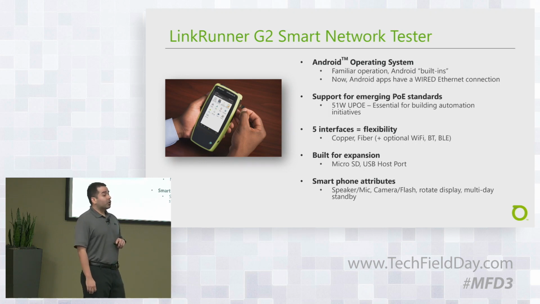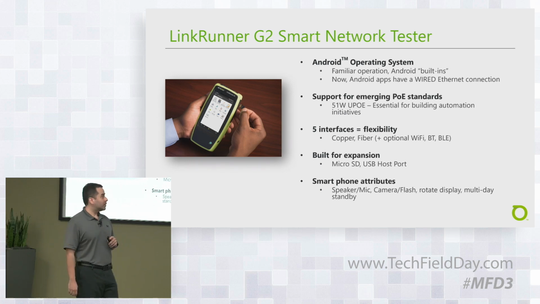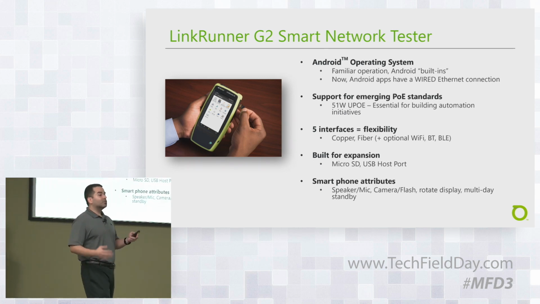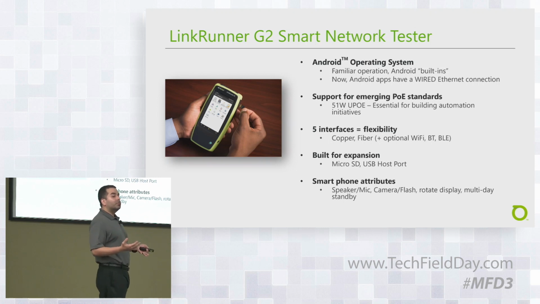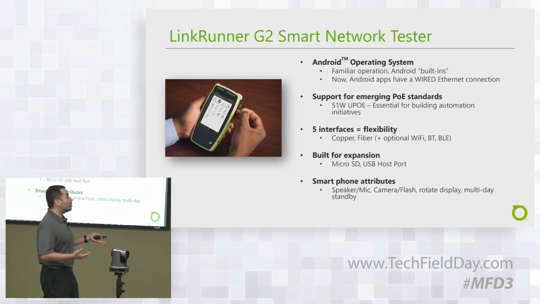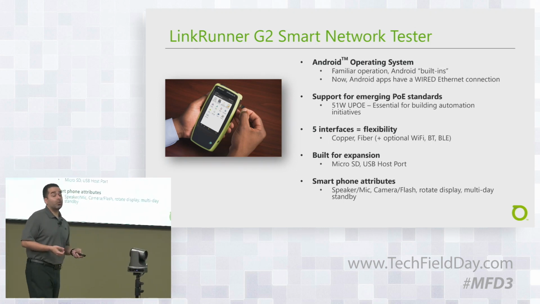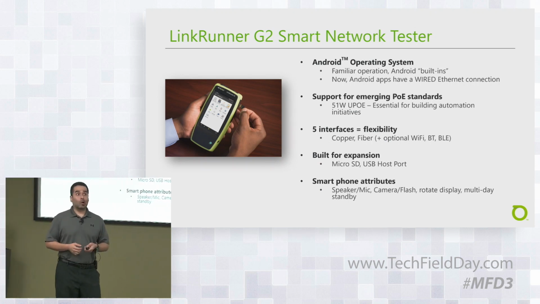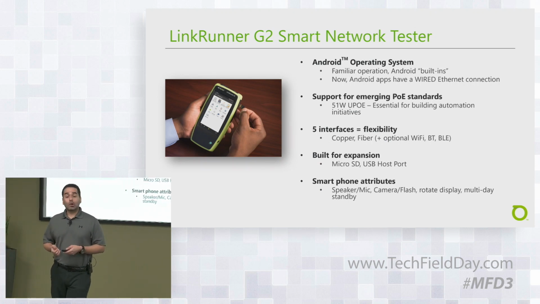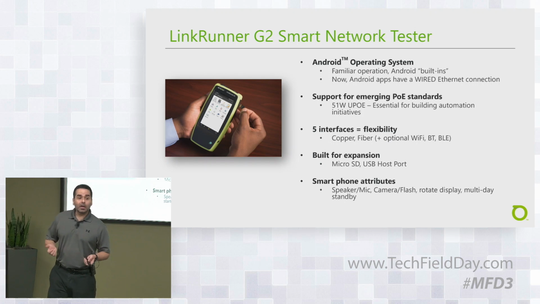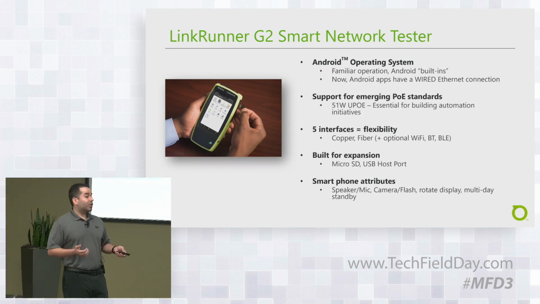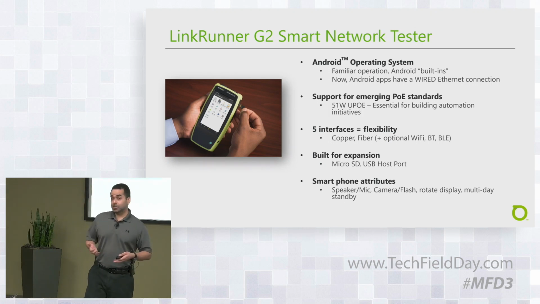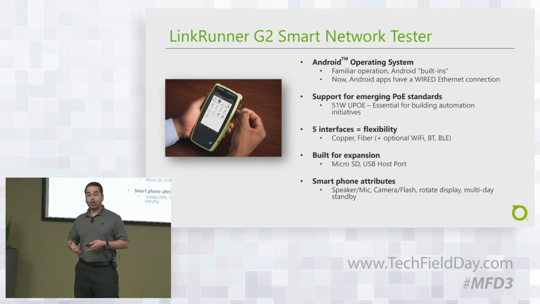Like I mentioned, you have multiple interfaces. The two default interfaces are Ethernet, copper, and fiber. Still, since it has multiple USB ports, you have the option of also, for example, plugging in a Wi-Fi radio, or a Bluetooth radio, or a BLE radio.